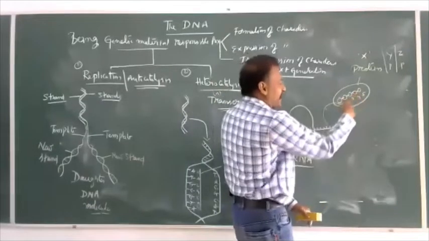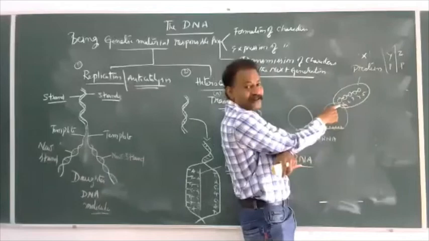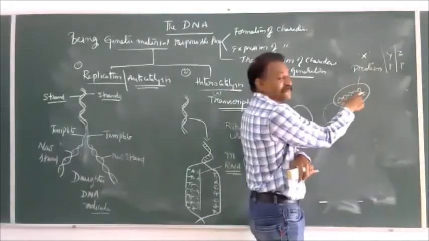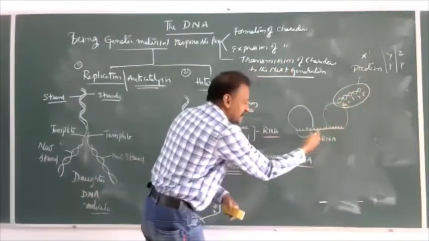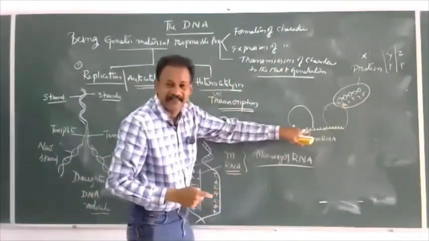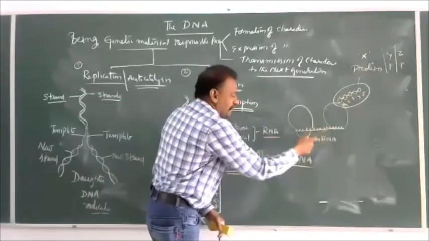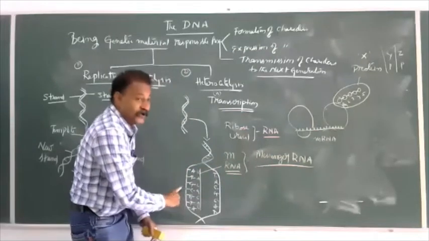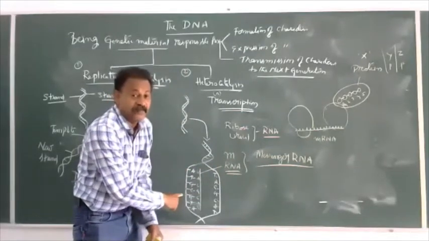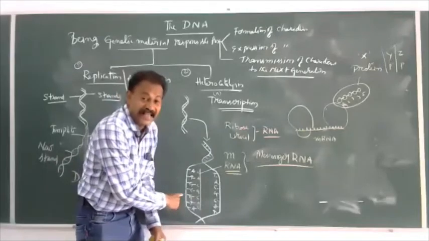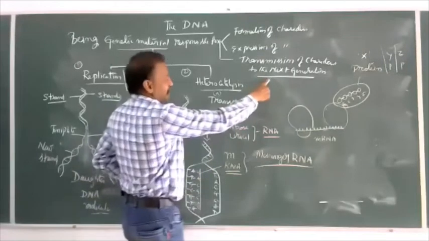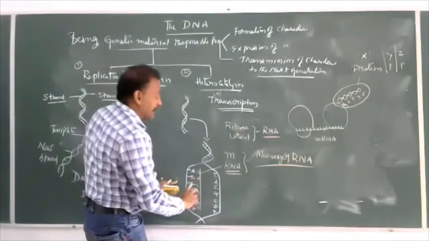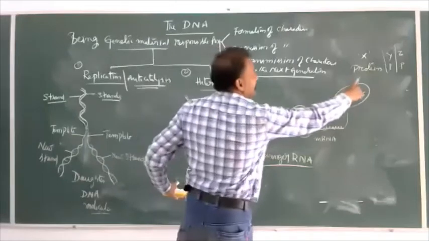Which amino acid is first, second, third, fourth, fifth is determined by the sequence of mRNA, and the sequence of mRNA is determined by the sequence of DNA. So DNA is the ultimate molecule which can act as genetic material for passing the information to the next generation, through the process of formation of proteins.